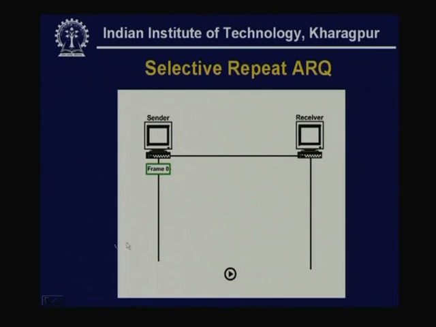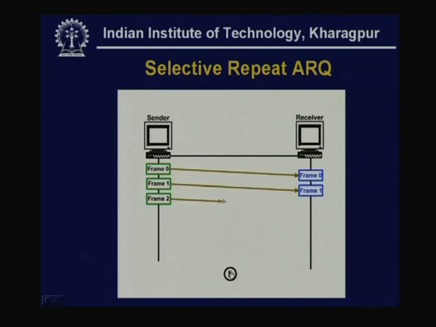Let us see with the help of this animation. Frame 0 is being sent by the transmitter, and after that the transmitter is sending another frame, frame 1 now, and then frame 2. However, frame 2 reaches the destination with error, some bits get corrupted.